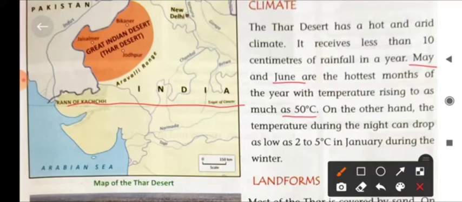Okay, and nights can drop as low as 2 to 5 degrees centigrade in January during the winter.